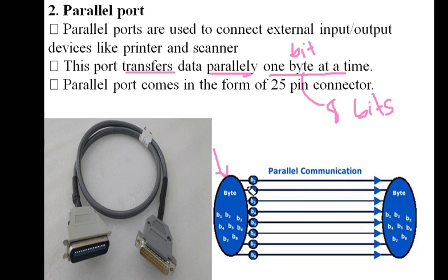So how will your data be transferred? In a parallel way: B1, B2, B3, B4, B5, 6, 7, 8, up to 1 byte. These are all 8 bits from here to here. And it comes under 25 pins. I hope you understood this concept, serial port and parallel port.